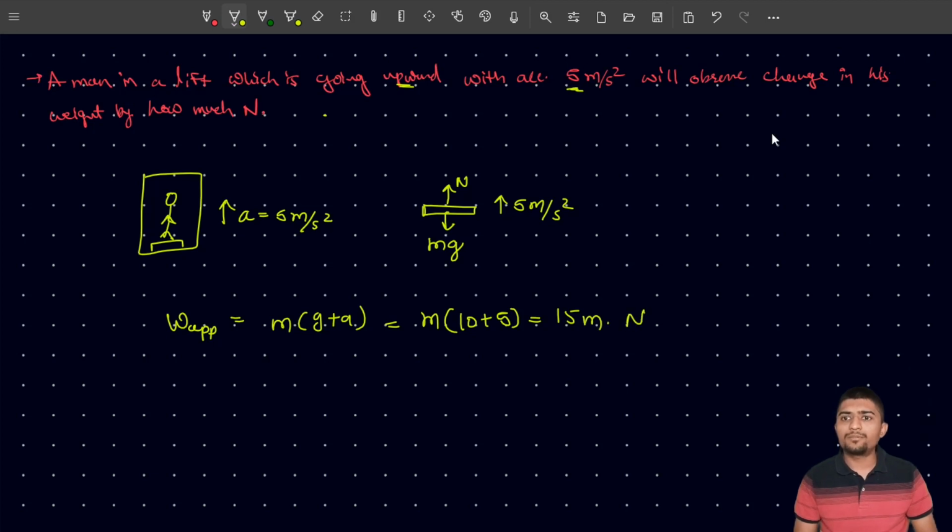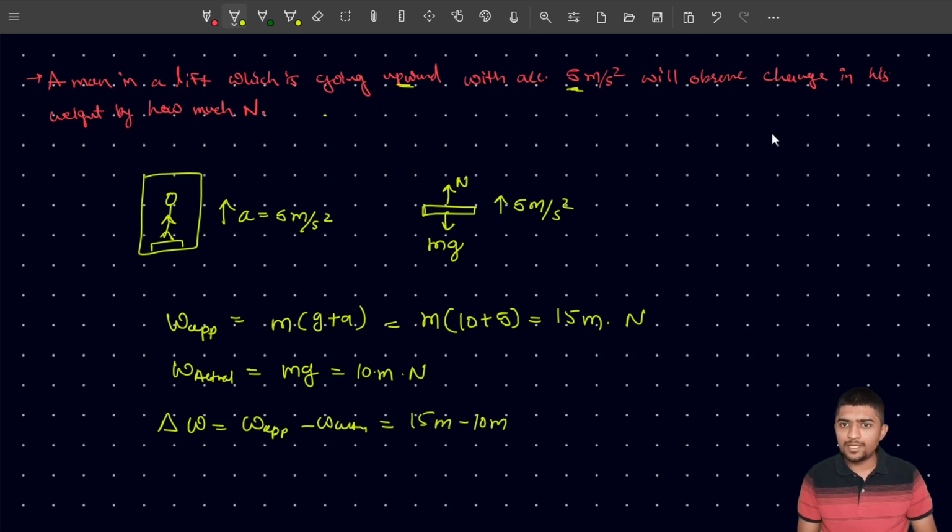So its apparent weight is 15m Newton, but its actual weight, the person has actual weight mg, which is equal to 10m Newton. So change in weight is equal to W apparent minus W actual, that is 15m minus 10m, it is equal to 5m Newton. So the person will observe 5m Newton of change of his weight.